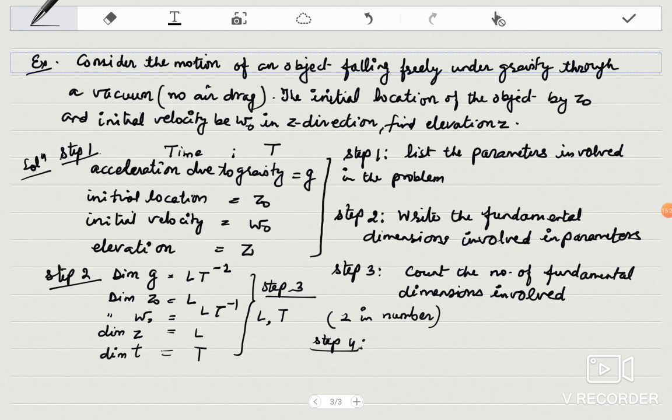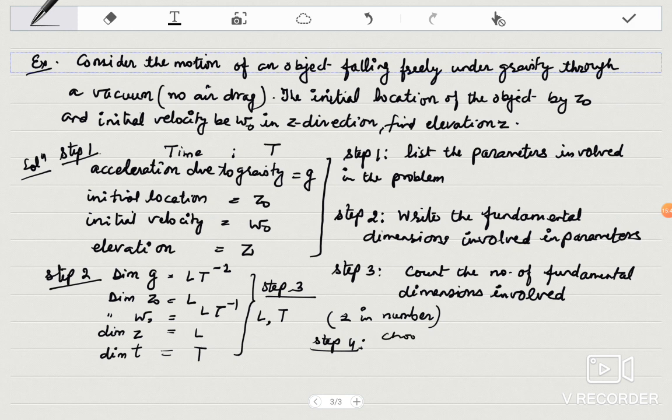Now step 4, we choose the repeating variables. What are the repeating variables? The number of fundamental dimensions involved will be the number of repeating variables.